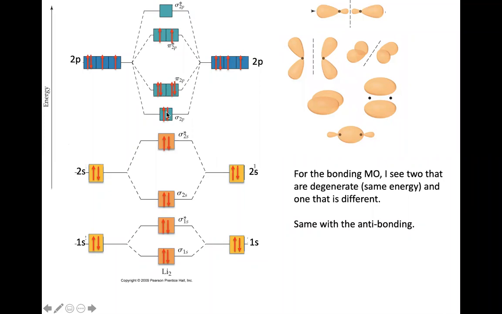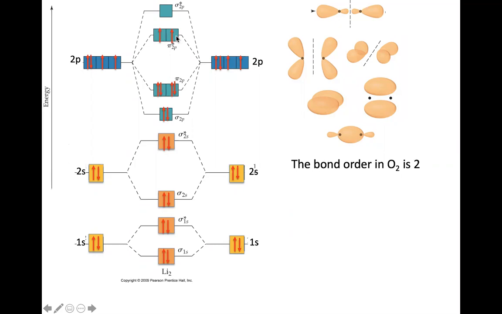Same thing with the antibonding, 2 that have the same energy and 1 that is different. It comes back to the orientation. I could have them along the same axis. There's 1 set of p orbitals that can combine like that. And I have 2 sets that are off the axis. That's why I have this situation of 1 and then 2 being degenerate.